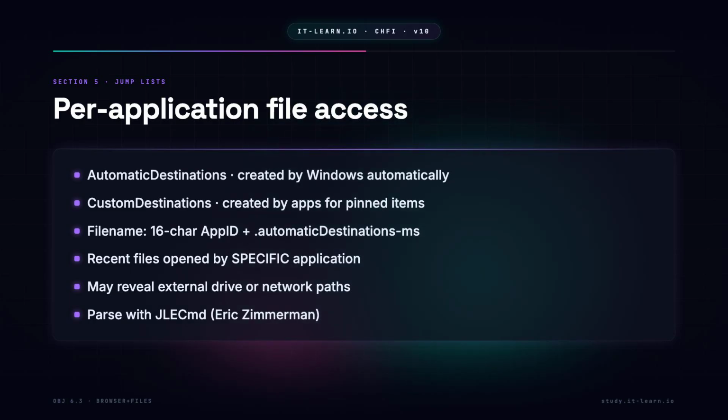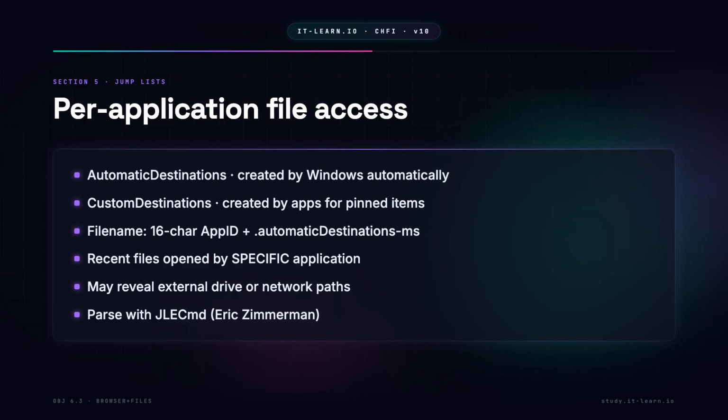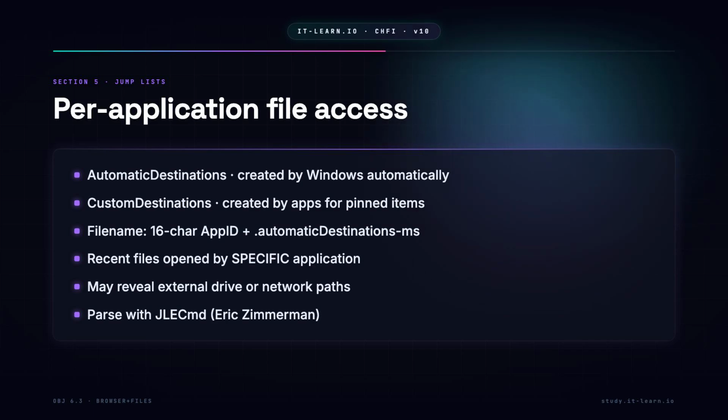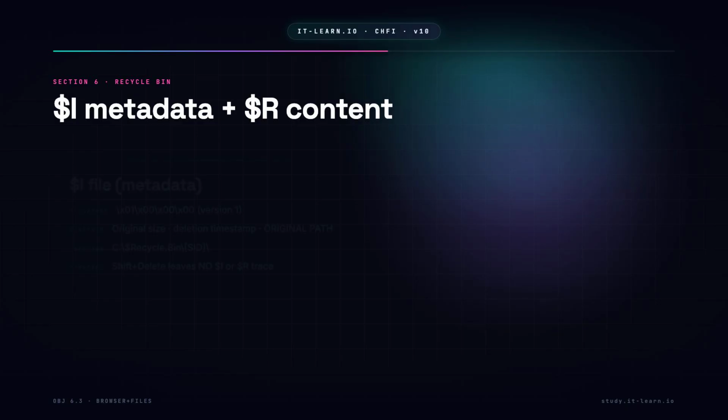Contents: recent files opened by a specific application, timestamps of access, file paths, pinned items; can reveal external drive paths or network paths. Parse with JLECmd from Eric Zimmerman for comprehensive CSV output, or Jump List Explorer for GUI. Autopsy has built-in parsing.